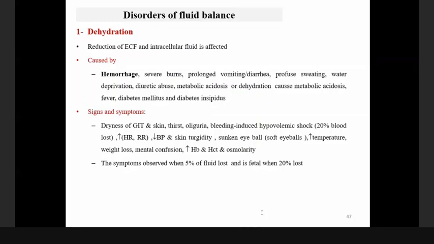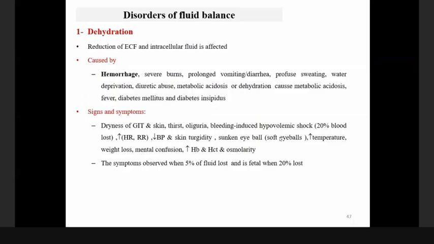You know, diuretics, okay, used for hypertension. So if the dose is excess, that can result in dehydration, and that's called diuretic abuse. Okay, metabolic acidosis is another factor that results in dehydration.